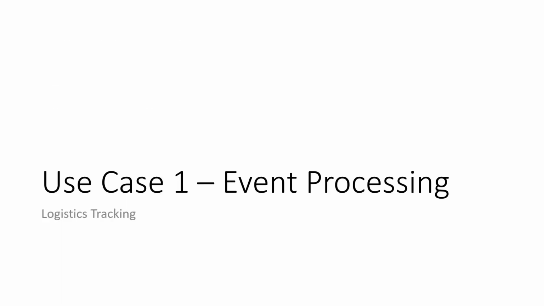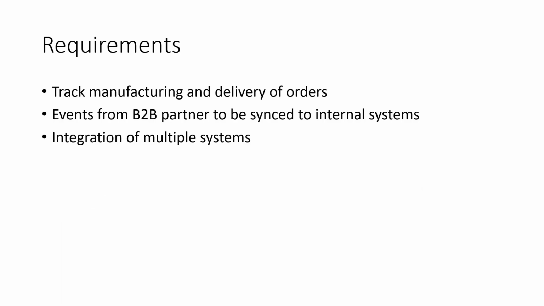Initially, we're thinking about a logistics tracking use case. So we've got things being moved around and we'll get information about what's happening. We're going to have an event processing scenario here. Imagine we've got some manufacturing processes that take orders from a factory and deliver them to a customer.